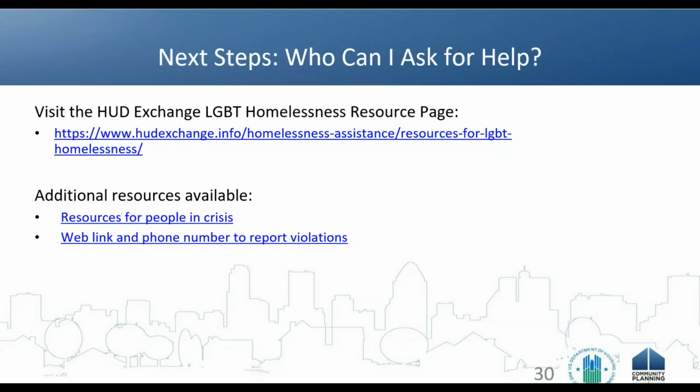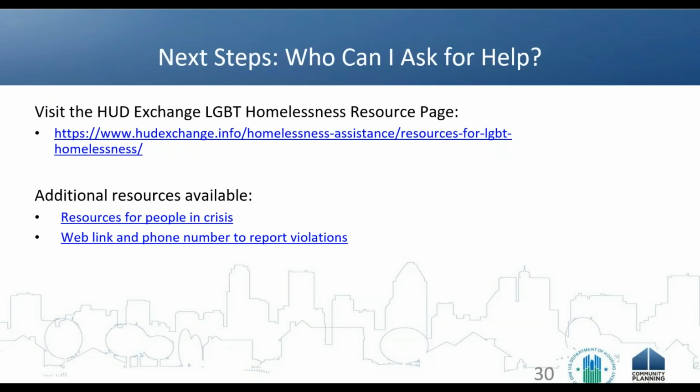You also, because of the overlapping nature of what we're talking about, can file a Fair Housing Act complaint. And that's, as I talked about before, Fair Housing Act complaints apply to all dwellings regardless of funding.